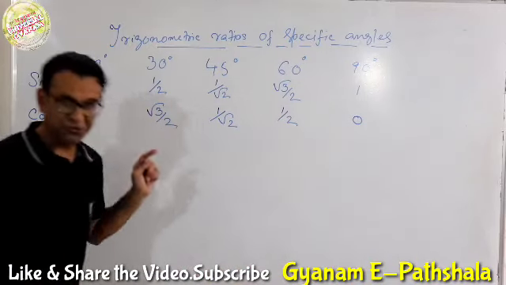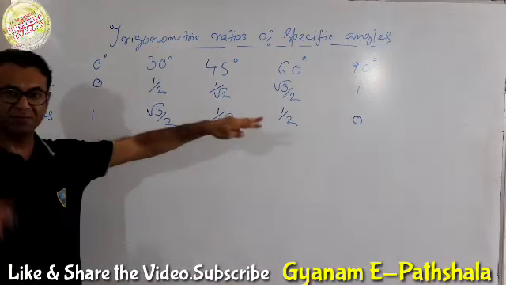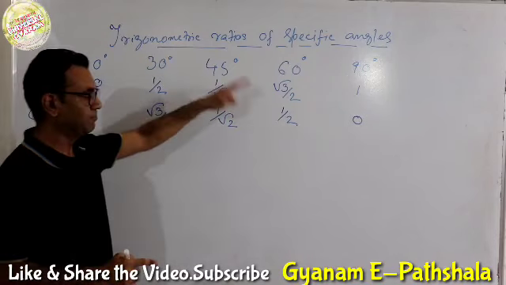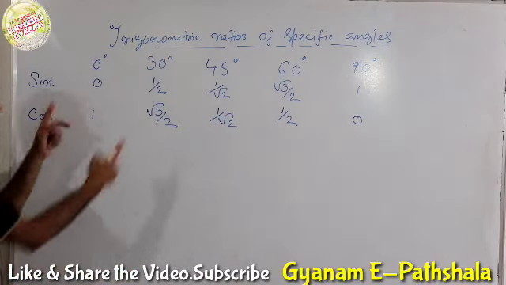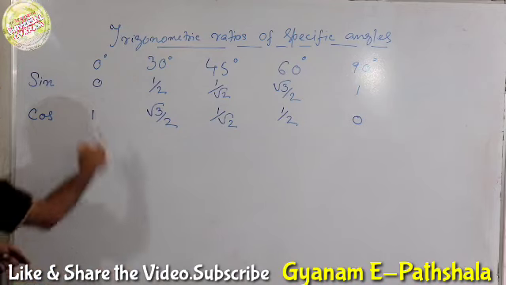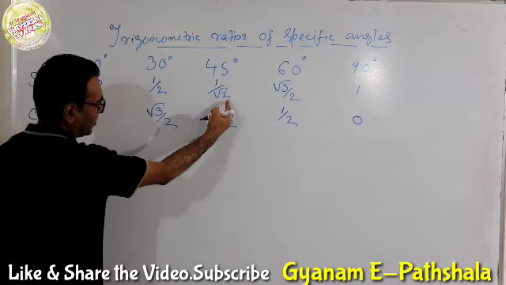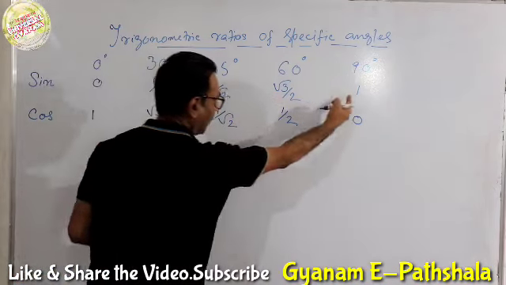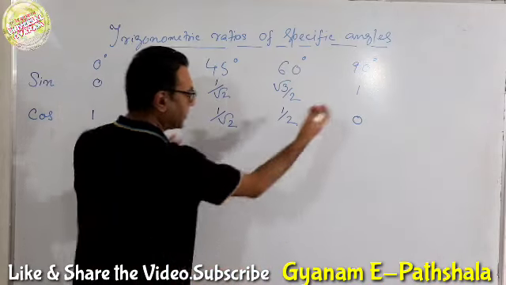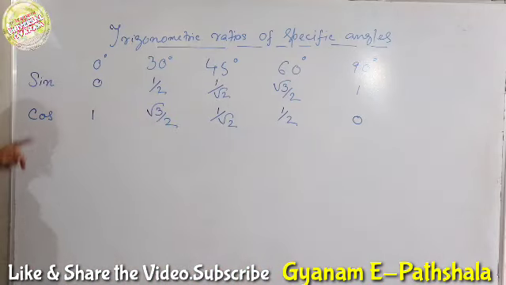You don't have to remember these values. You have to remember just the sine values, and based on this you can come to cos by reversing the sequence: 0, half, 1 by root 2, root 3 by 2, 1. If you reverse this sequence, you get the cos of all the specific angles.